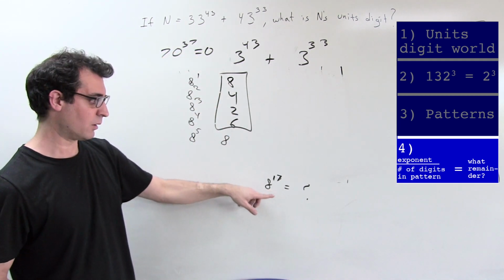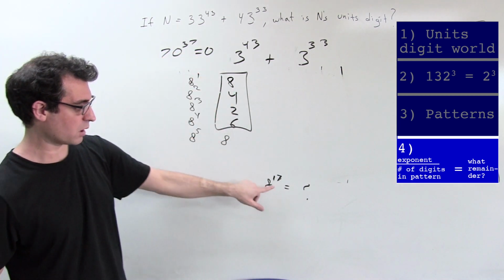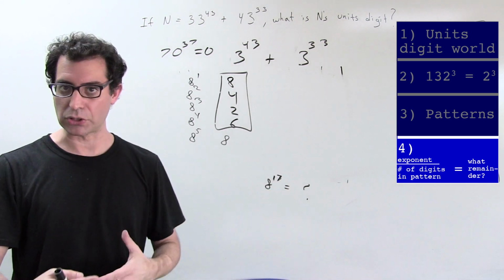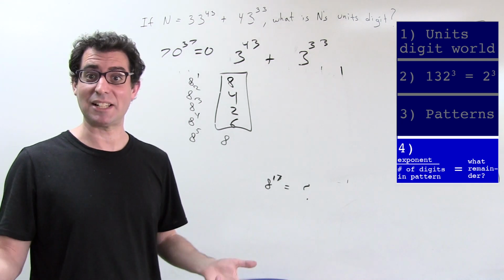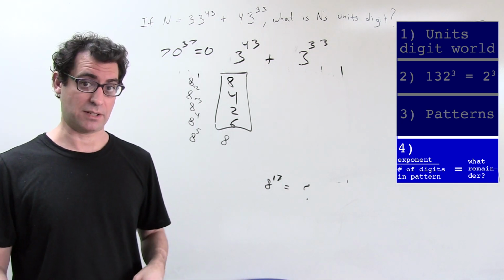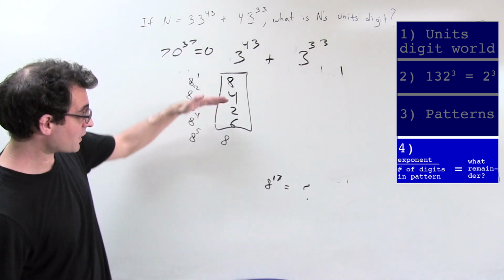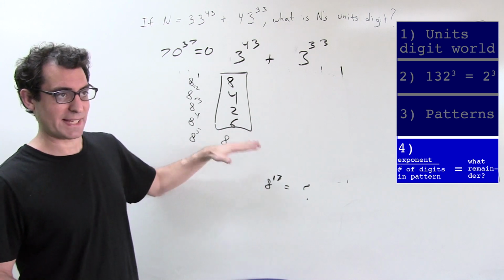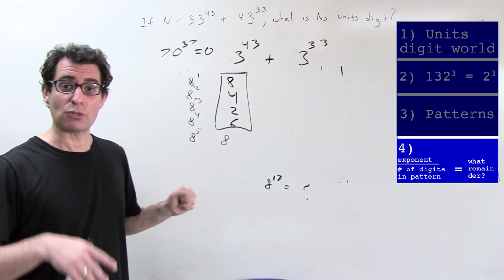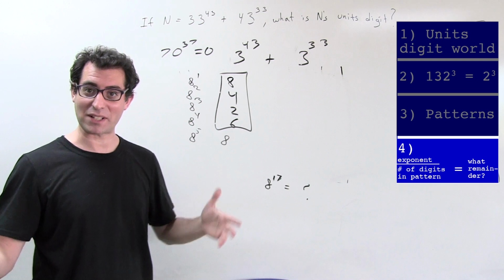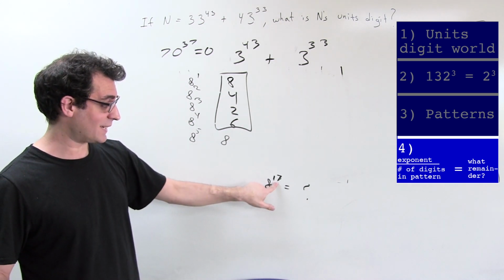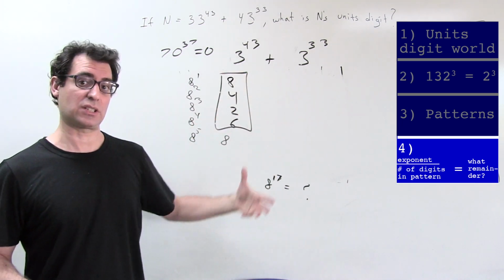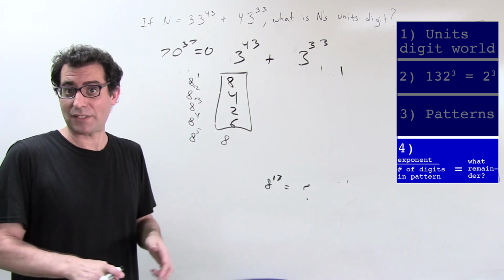So what we really want to know is how many groups of 4 are there in 17? Like how many times does the pattern cycle through? And more importantly, what's left over, or what's the remainder? Rather than going 1, 2, 3, 4, okay, that's done; 5, 6, 7, 8, okay, that's done; 9, 10, 11, 12, okay, that's done, rather than putting groups of 4 and canceling them out, we just divide 17, the exponent, by 4 because there are 4 digits in our pattern, and we see what's left over.